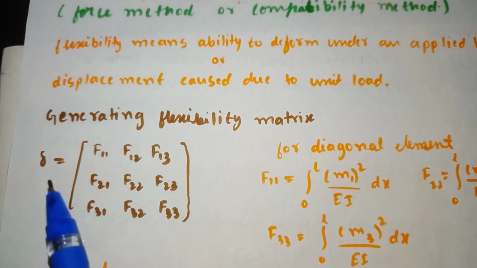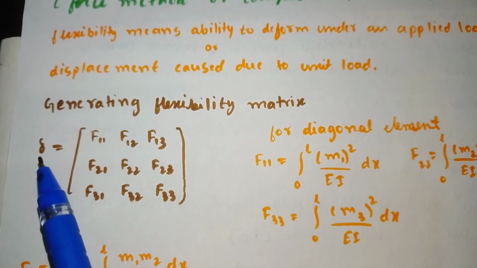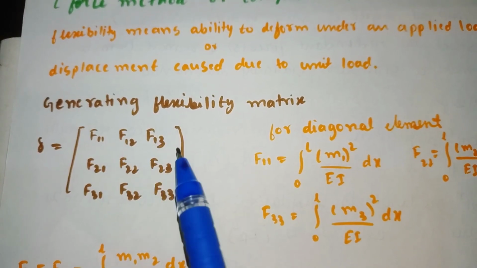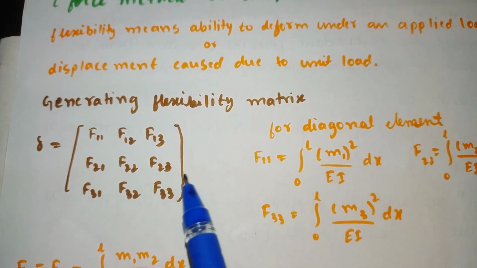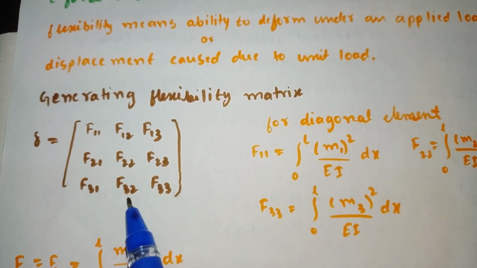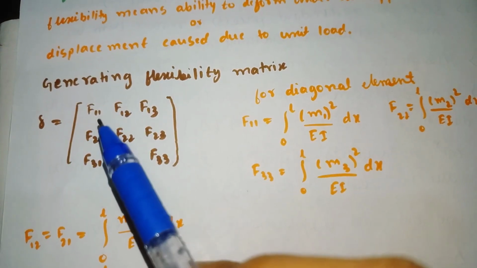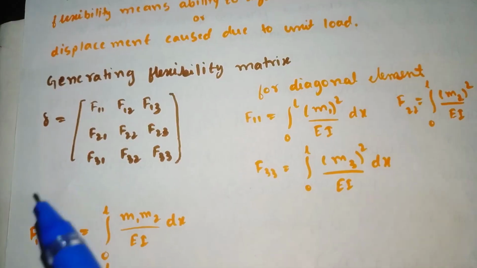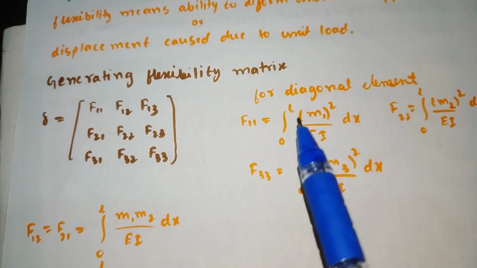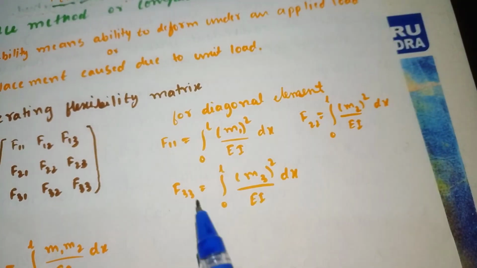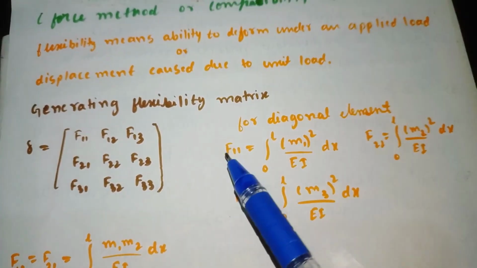So this is the formula. Delta is equal to F11, F12, F13 and F21, F22, F23 and F31, F32, F33. To find F11, F22 and F33, the diagonal elements, we have a formula.